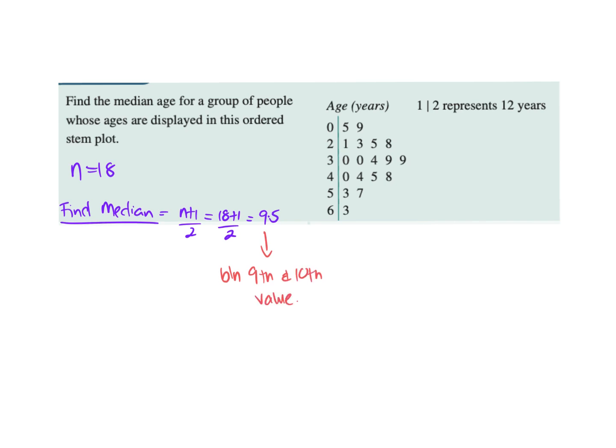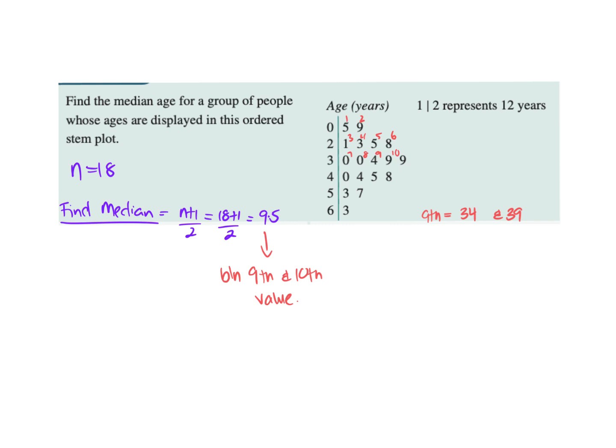Okay, so then we're going to go back to our data and count up to that. So we go 1, 2, 3, 4, 5, 6, 7, 8, 9, and 10. So the 9th value equaled 34 and the 10th value equals 39.